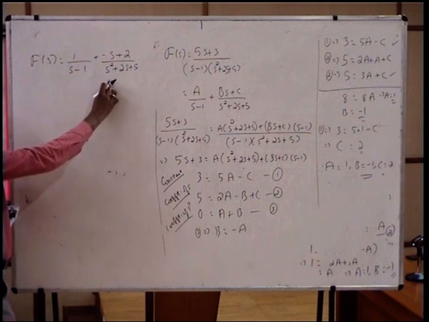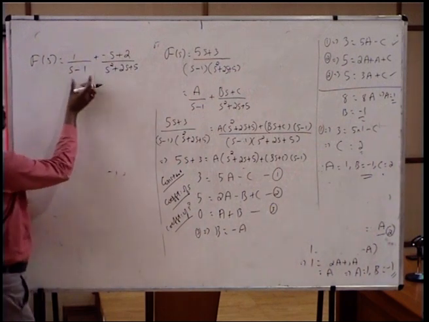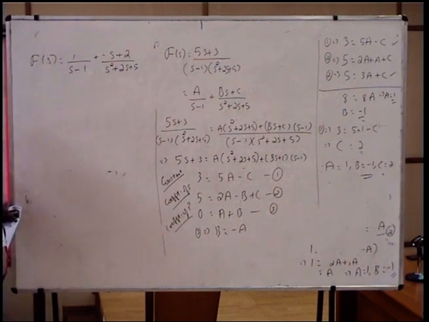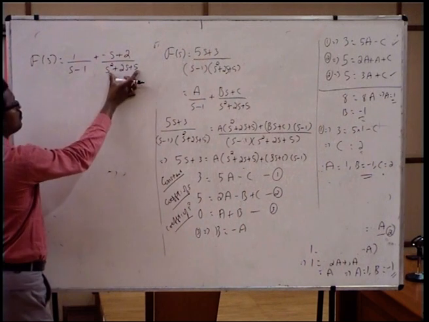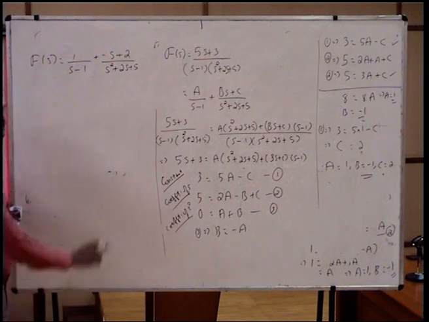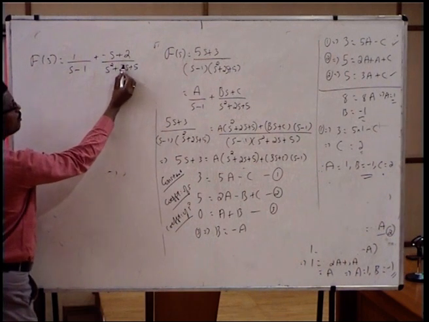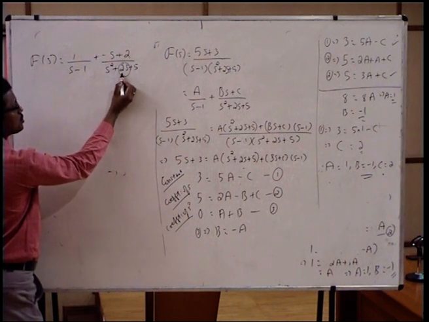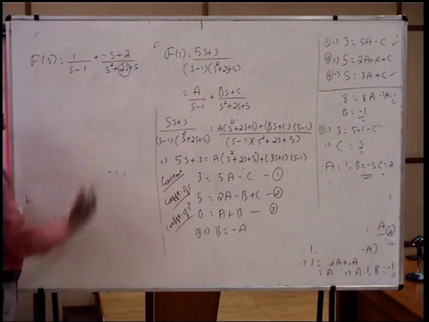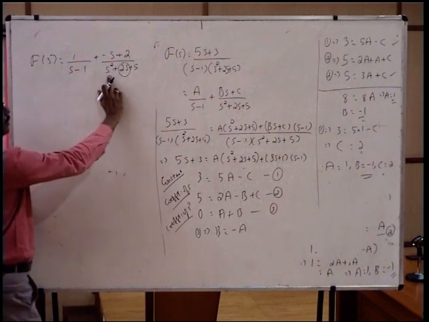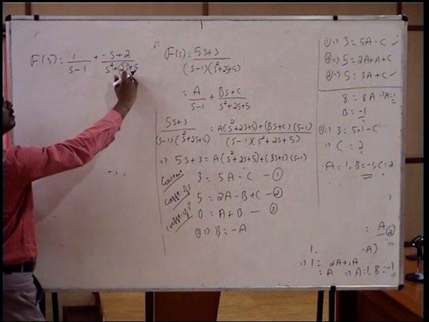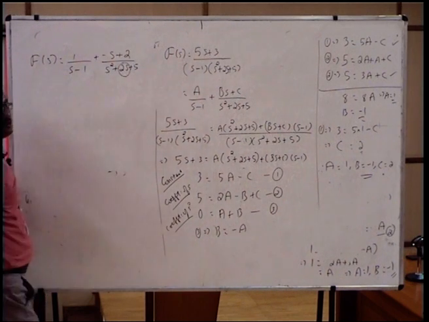Now look at the second term. We know that the inverse transform of 1 by s minus 1 is e raised to t, but for the second term we need to apply completing the square in the denominator. Look at the coefficient of s, that is 2. So we can write this denominator in the form s plus 1 the whole square plus 4.